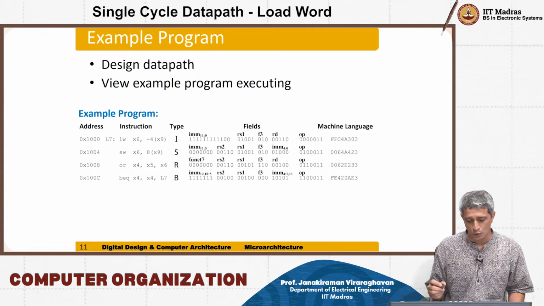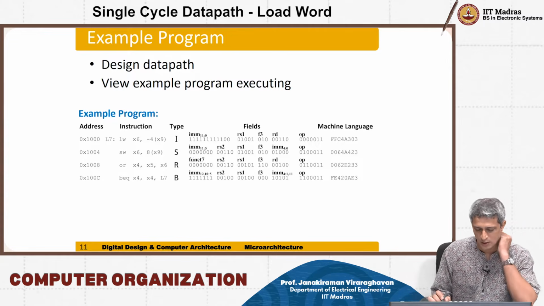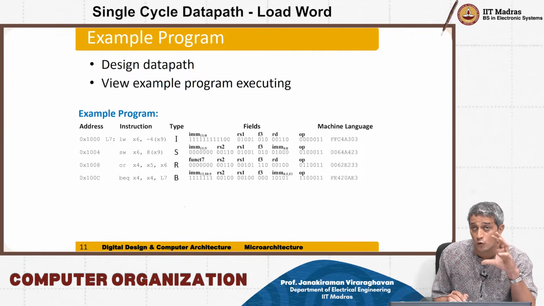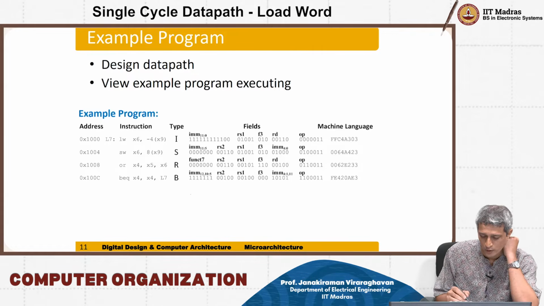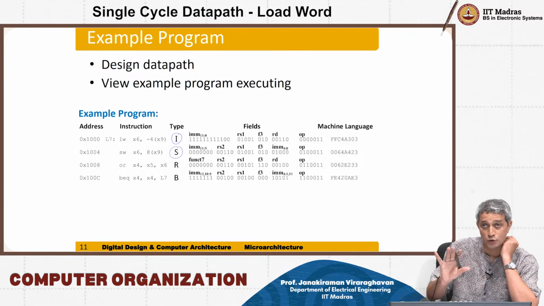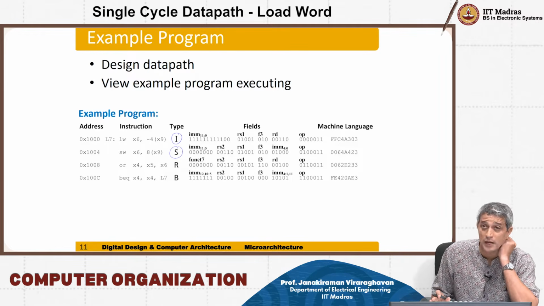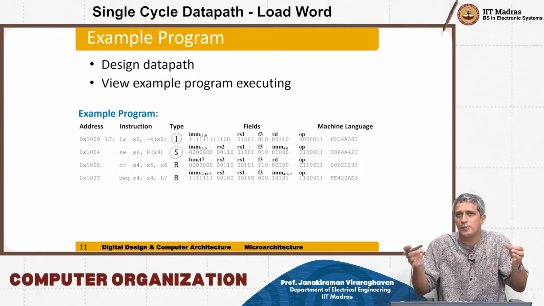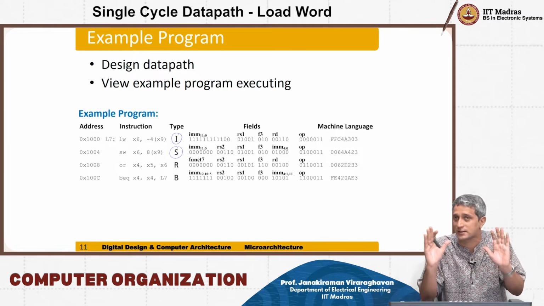These are the kind of instructions that we said we are going to implement. There is the load word, which is I type. Then there is a store word, which is S type, its own type. Like I said, these instructions are categorized based on the number of registers and the way you access them.